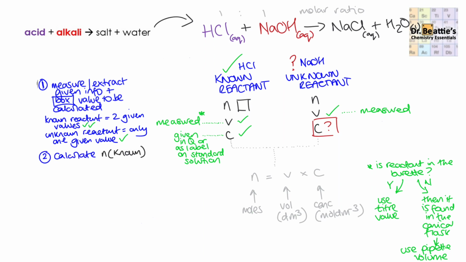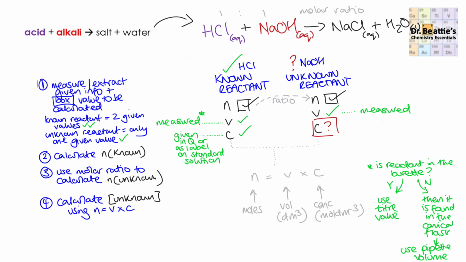Having calculated the number of moles of the known reactant, we then use the molar ratio of the known to the unknown, so here it would be 1 to 1, to work out the number of moles of the unknown reactant. Now we have 2 pieces of information for the unknown reactant. We have the number of moles and its volume.